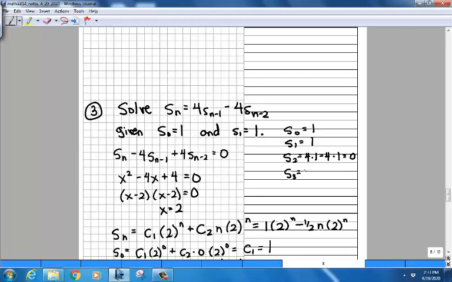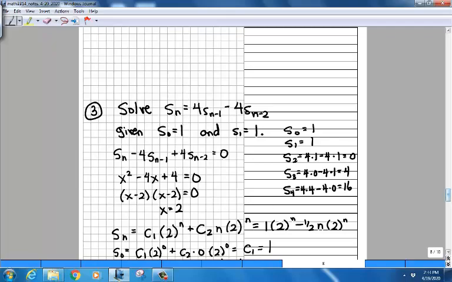That's going to be 4 times s_2, which is 0, minus 4 times s_1, which is 1. So that turns out to be 4. What about s_4? s_4 is going to be 4 times s_3, which is also 4, minus 4 times s_2, which is 0, so that looks like 16.